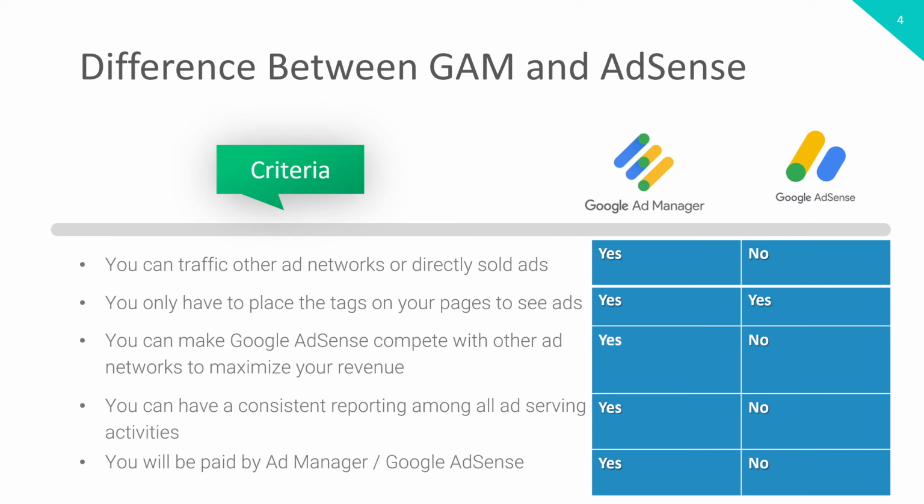It's the direct advertiser who will pay the money. If you are linking an AdSense account inside the Google Ad Manager account, Google Ad Manager will not give you the money. It's the Google AdSense ads which are running, so all the actual revenue will be shown in AdSense itself. So Google will be the entity who will actually pay you.